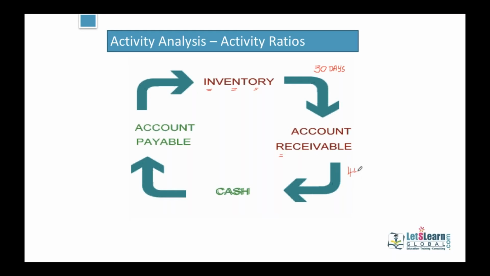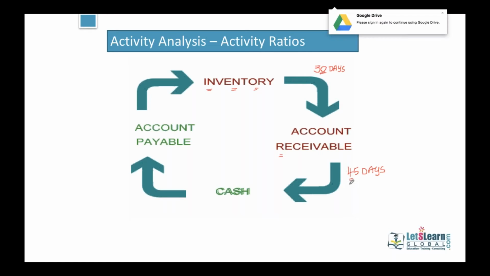So 45 days. 30 days the inventory was in the warehouse. At last we found a customer. We sold goods, so the goods moved to the customer's place and have become accounts receivable. But accounts receivable takes 45 days to convert into cash.